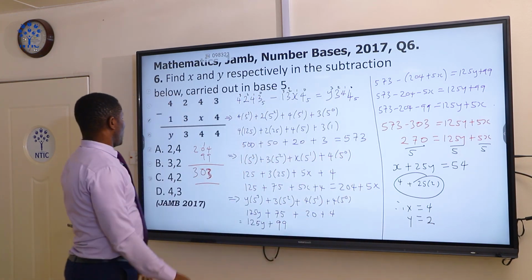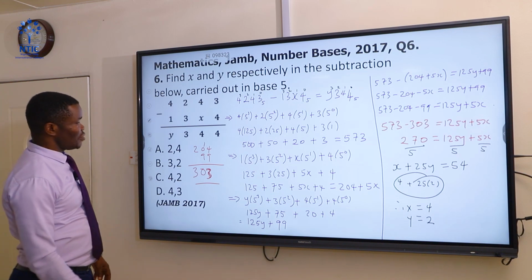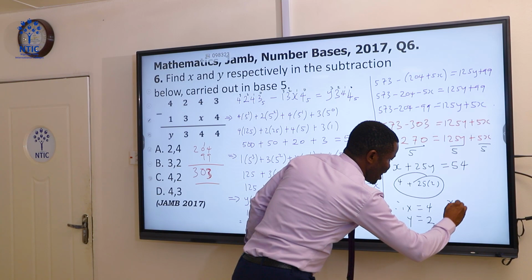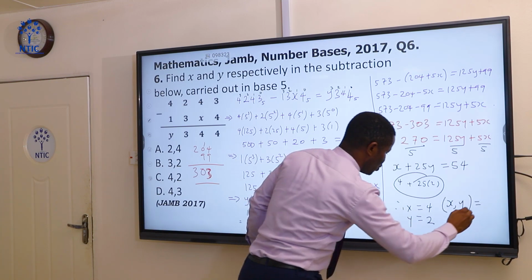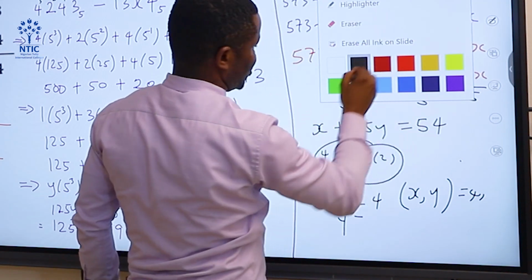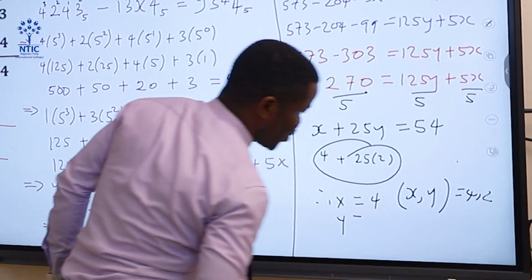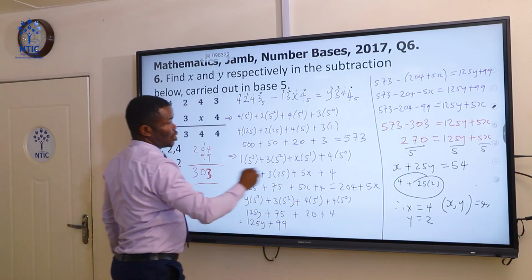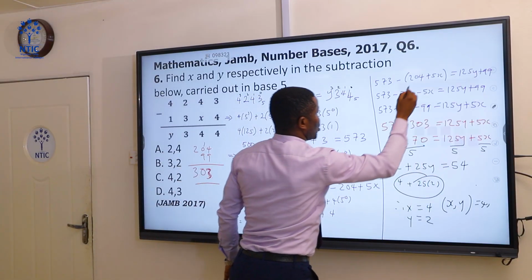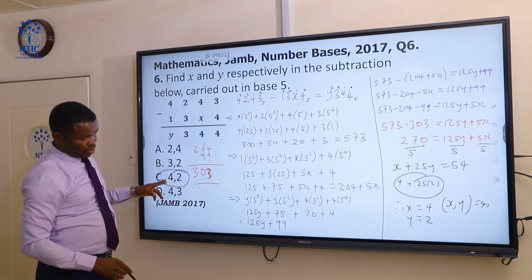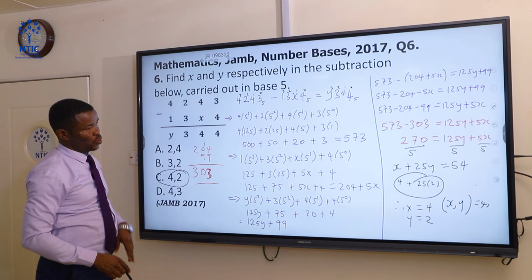So our answer, we're asked to put the answer in this x, y form. So it's going to be x is 4 and y is 2. So the answer is going to be C. X is 4, y is 2.